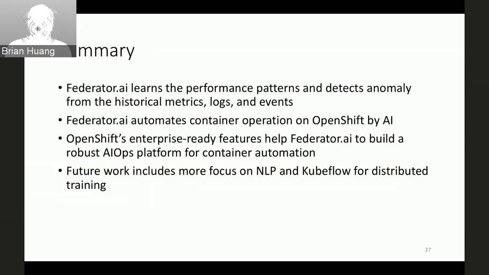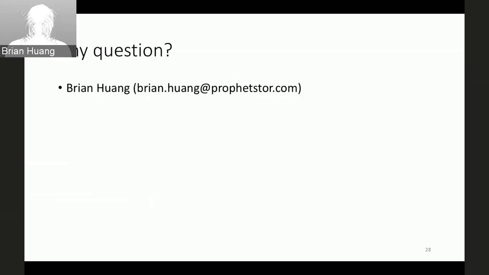And since we have a lot of data to train, we are also working to test how to use Kubeflow for distributed training. And that is it.